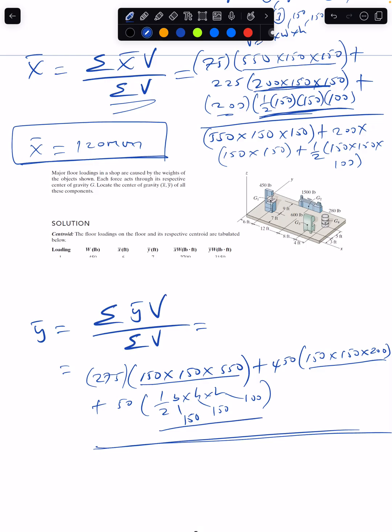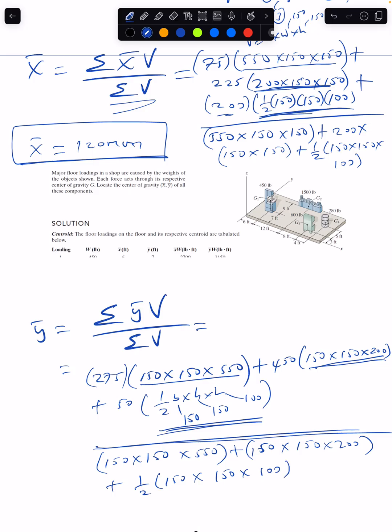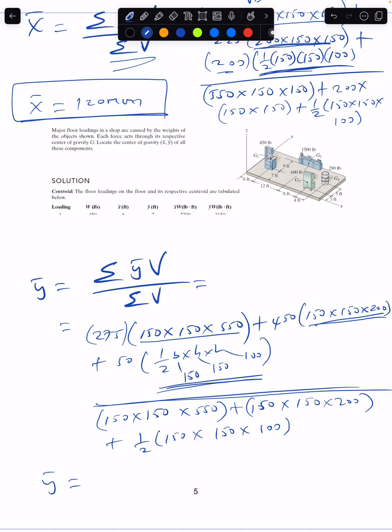So I have the volume for part 1, 150 times 150 times 550, plus the volume for part 2, which is 150 times 150 times 200, plus the volume for part 3, which is 1 over 2 times 150 times 150 times 100, and therefore y bar becomes 305 millimeter.